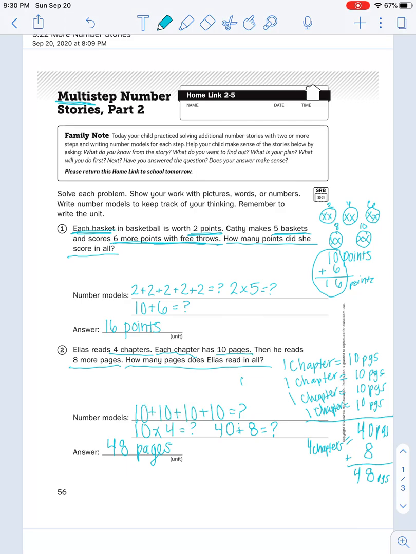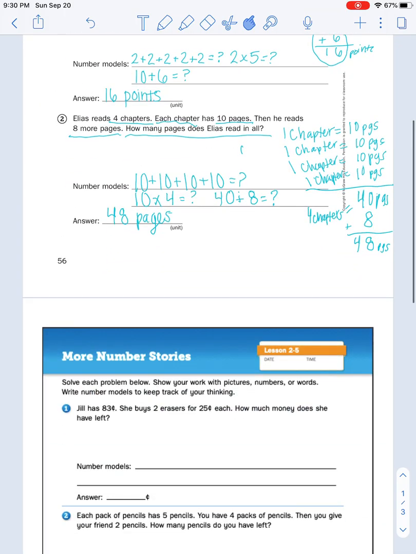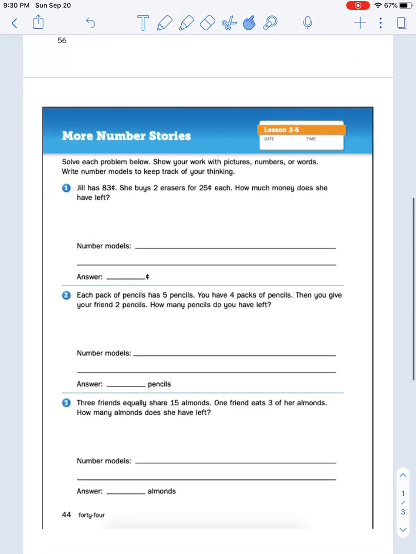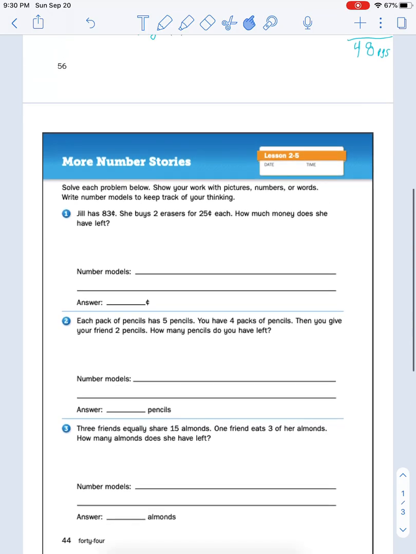Okay, let's look at what you guys are doing today. Okay, so it looks really similar to what I just did. The first one talks about money. Don't get freaked out about the cent sign. That's not really going to change anything for you. You don't have to use any decimals or anything.